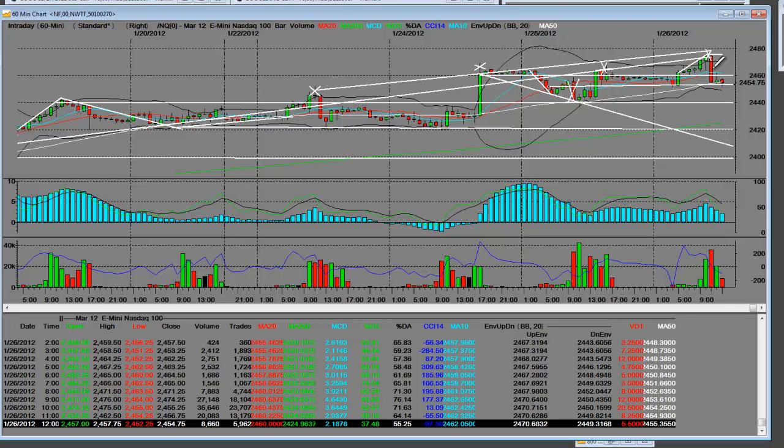1/26/2012, and we will call this the Nasdaq 100, the E-mini. We will call it the Nasdaq comp. We'll call it all combined. We will also say that when you break that 50-minute period moving average, the MMT is described. This is when you would like to see that second 60-minute reversal confirmation in the same length down to that support level.